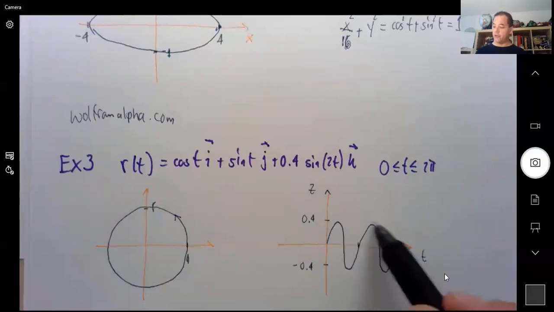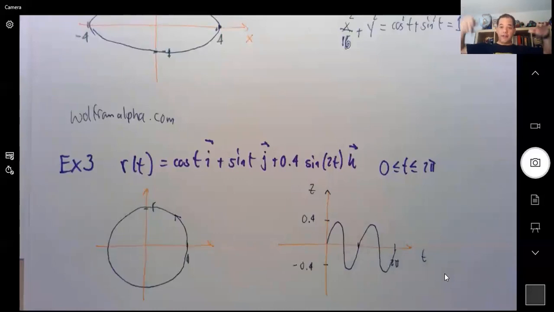So you're going around, and there's going to be 2 points that are higher and 2 points that are lower, right? Are you visualizing already? Getting an idea of what it's going to look like? Yes, so we go around, but we go up, then down, then up, then down. Okay, so 2 high points, 2 low points.